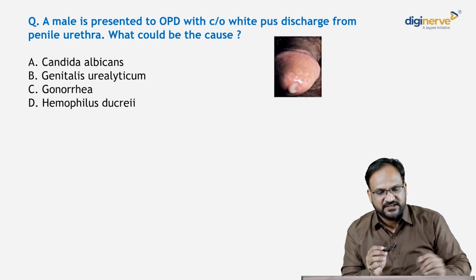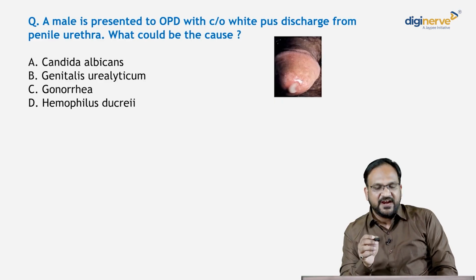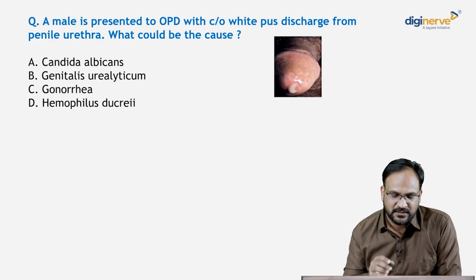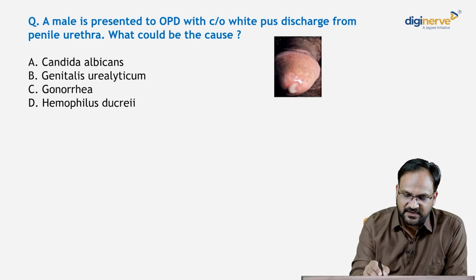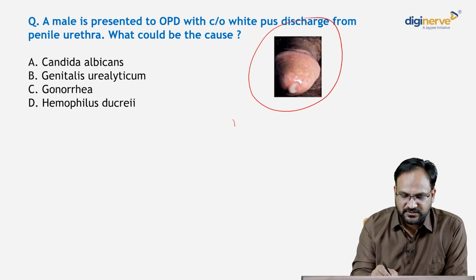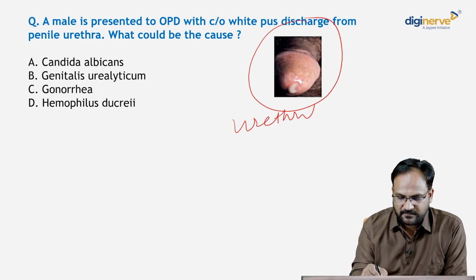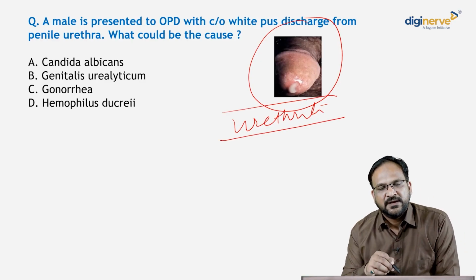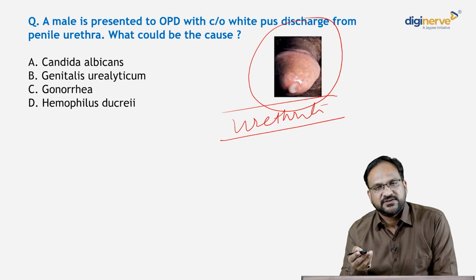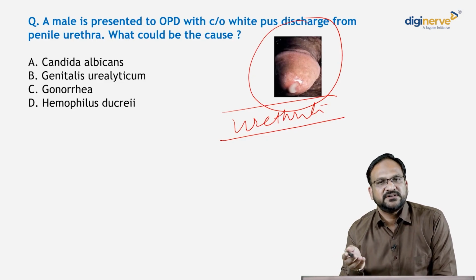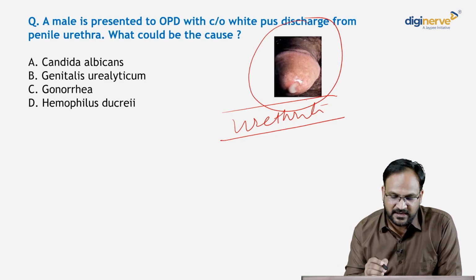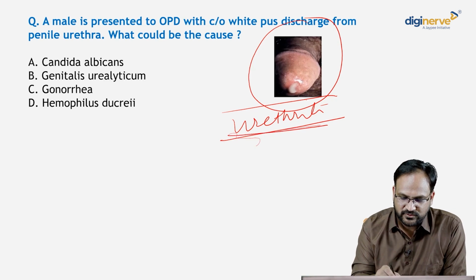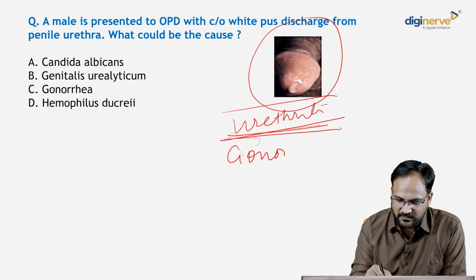Next is, a male presents to OPD with a complaint of white pus discharge from the penile urethra. So they are talking about urethritis. When we study sexually transmitted diseases, as we have studied in the communicable disease section, the cause of urethritis might be gonorrhea or chlamydia.